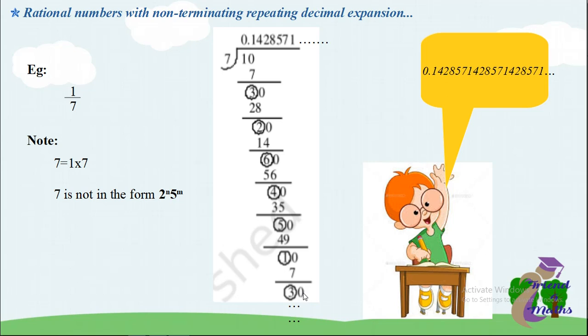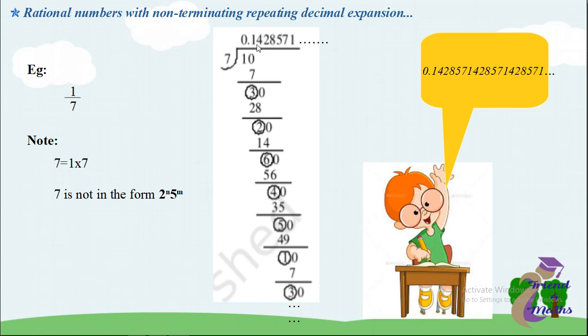Again adding the 0, 7 will go in 30 for 4 times. Like that, the remainders will be repeating: 3, 2, 6, 4, 5, 5, 1. These remainders will be repeating, and also in the quotient we will get a non-terminating repeating decimal expansion.